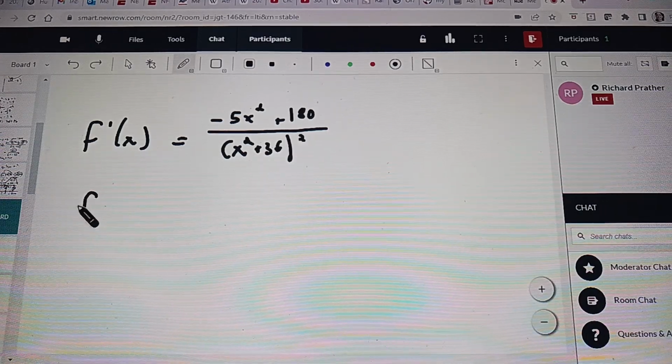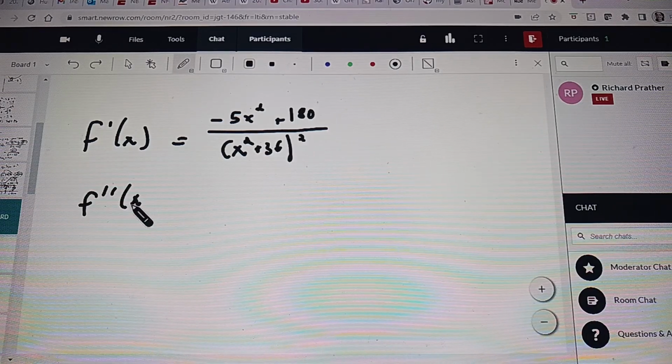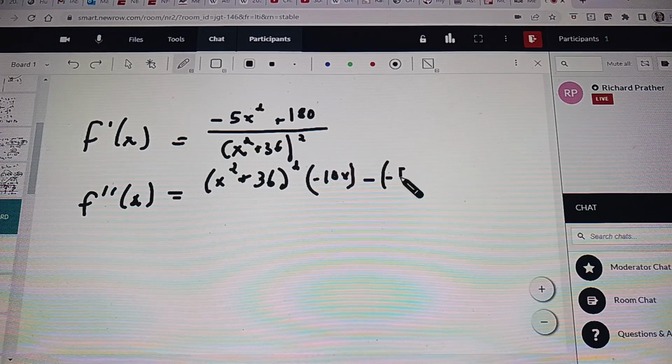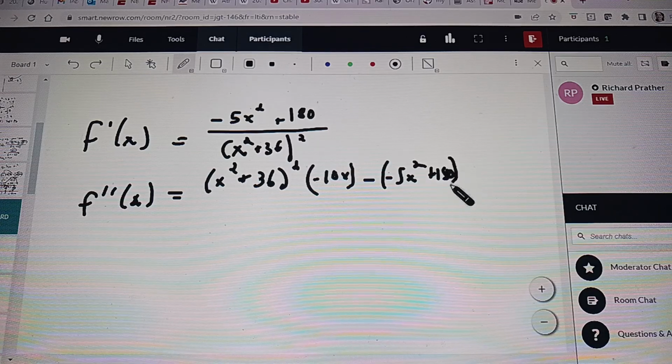So the second derivative is another quotient rule. Second times the derivative of the first. The derivative of the first would just be -10x, minus the first, and then the derivative of the second is going to be a little messy, but this is the chain rule now.